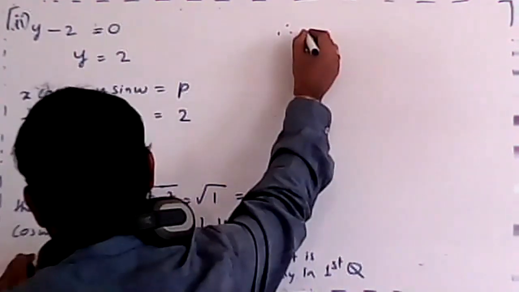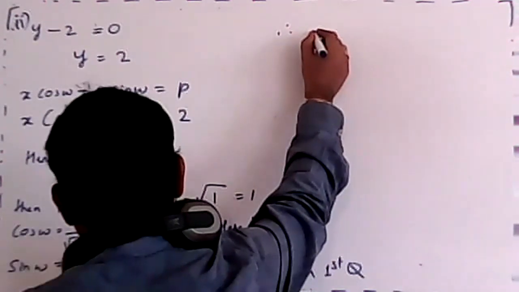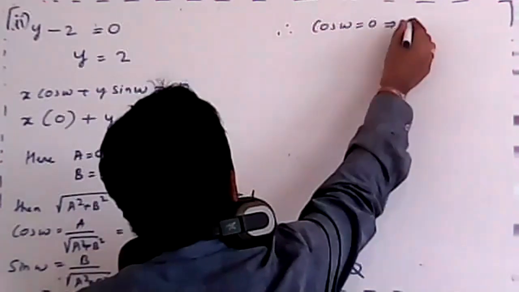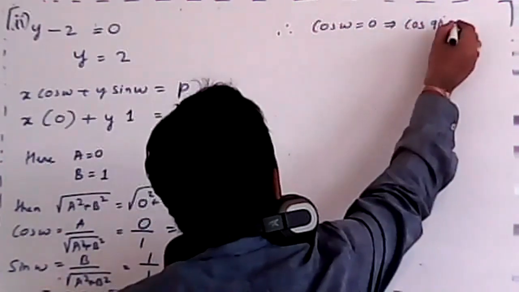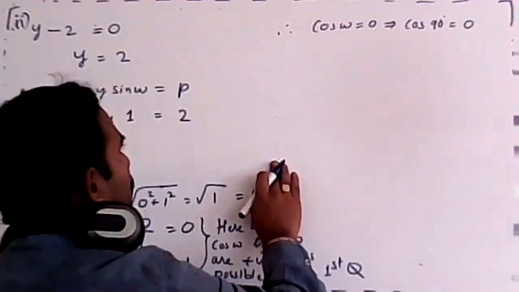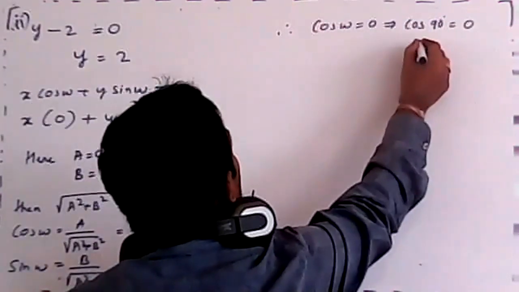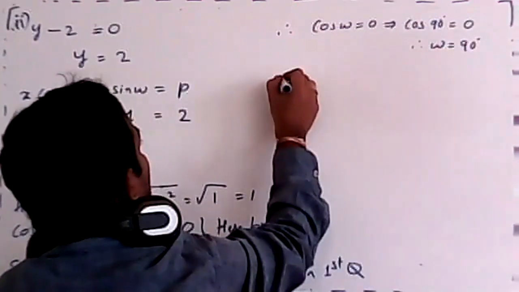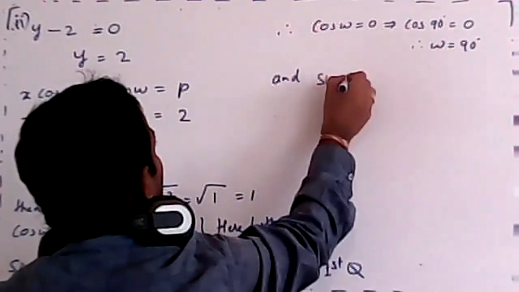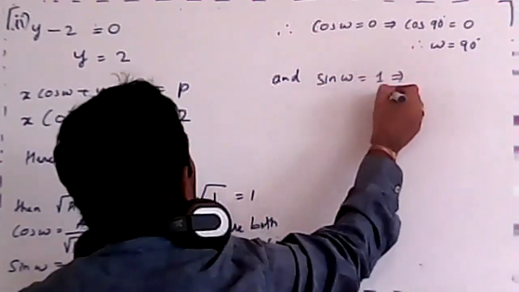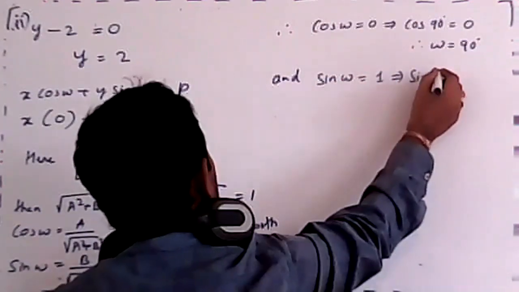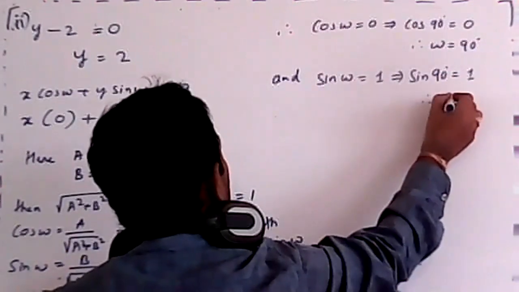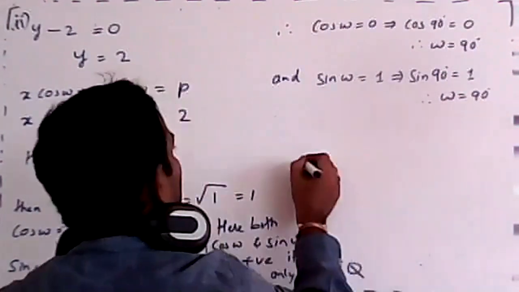Therefore, if cos omega is equal to 0, this implies cos 90 degrees is nothing but 0, right? Therefore, omega is equal to 90 degrees. And sin omega they are telling 1, this implies sin 90 is nothing but 1. Here also omega is equal to 90.